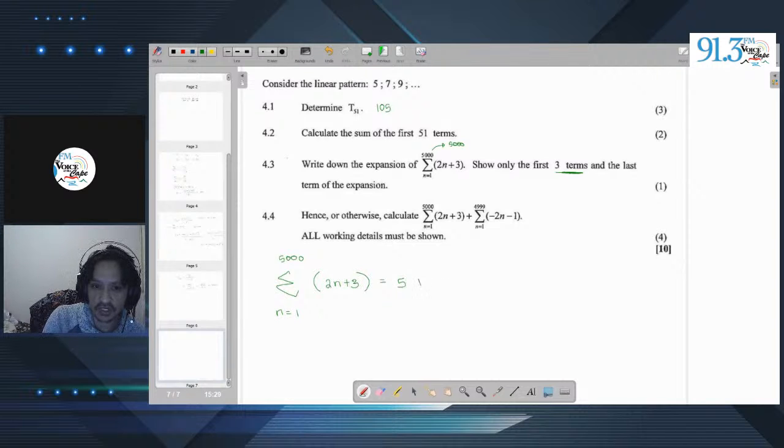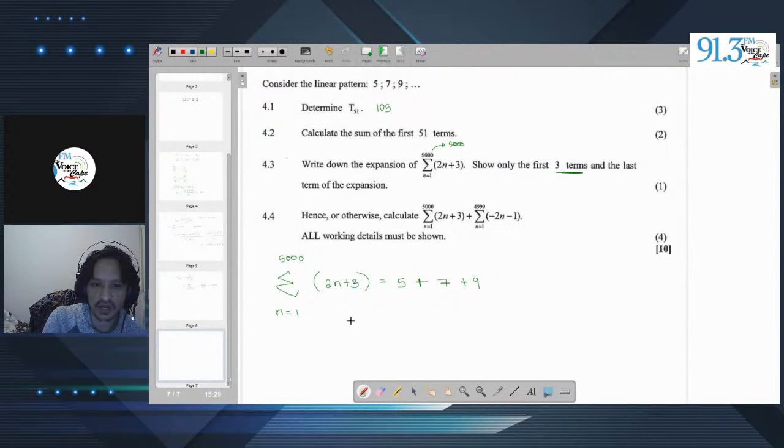Because it's summation, you say plus, you're going to add. Now we look at the number 2 that goes in here, because we're going for the first three terms. So the second term is term 2, where n is 2. So we got 4 plus 3 is 7. Then we use 3. 2 times 3 is 6. 6 plus 3 is 9. Cool. So it's matching that linear pattern so far, 5 plus 7 plus 9, which makes sense.